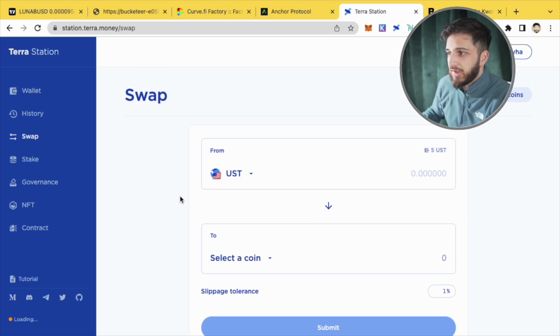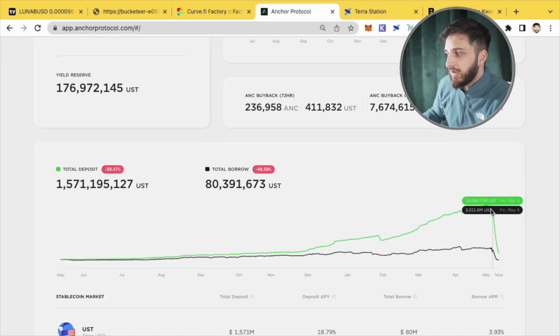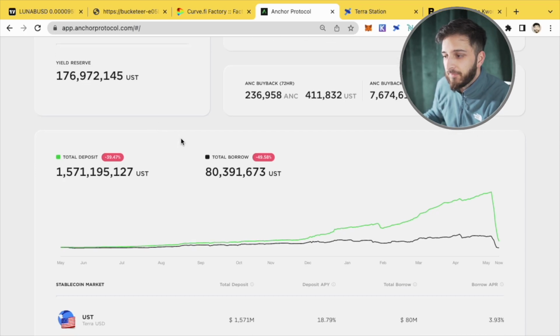So because there was only so much that could be transacted, I think it just led to mass panic and we got tons of sell pressure. Everyone from Anchor was trying to leave. Everyone was trying to get their UST or their Luna onto a centralized exchange, and it caused a death spiral. And as a result, UST just couldn't get back to peg.